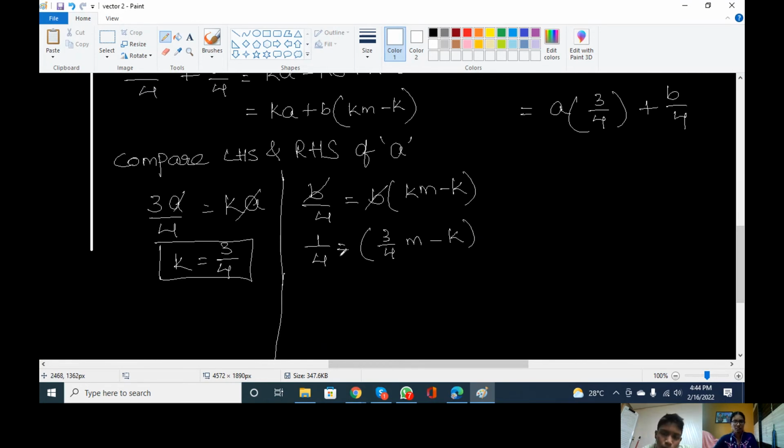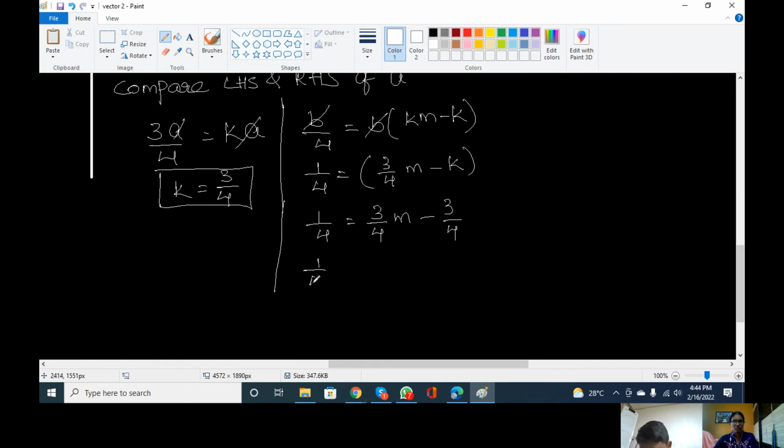Now, so 1 by 4 is equal to 3 by 4 m. Here also you can put K value 3 by 4. Right. 1 by 4 is equal to, if you put 3 by 4 outside, you will get m minus, nothing is left here, 1. 3 by 4 came out. 4 get cancelled.